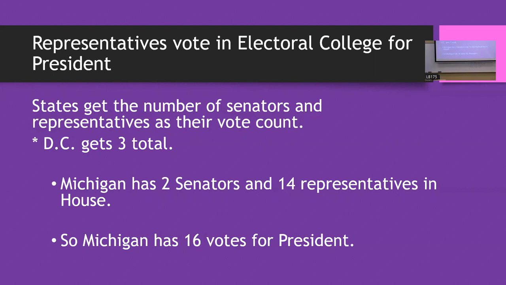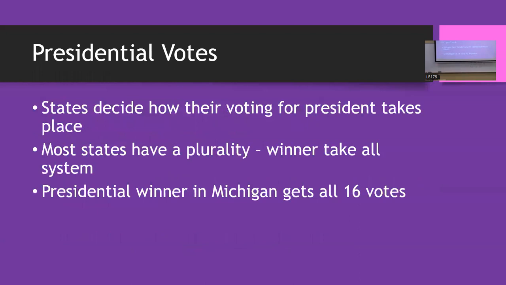And so what's going to happen is that Michigan is going to vote for president. And usually what goes on in most states is that there's a plurality system for president, where you have a big list of candidates. We all vote for one of them.